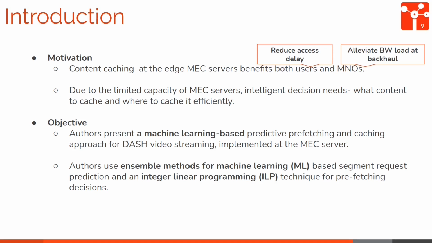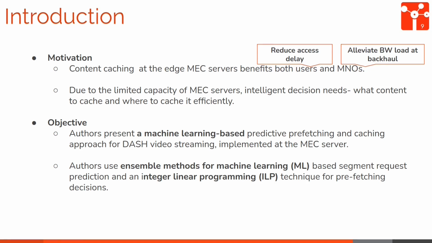Caching video content closer to the user, specifically at the edge MEC server, can benefit both users and mobile network operators. It reduces the content access delay for the users, which improves the end users' quality of experience, and it also alleviates the bandwidth load at the backhaul part or the core part of the network.